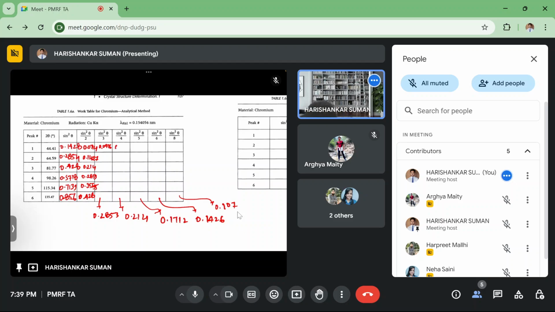This will be 3, 7, 0, 2, 8, 5, 6. This will be 2, 3, 8.